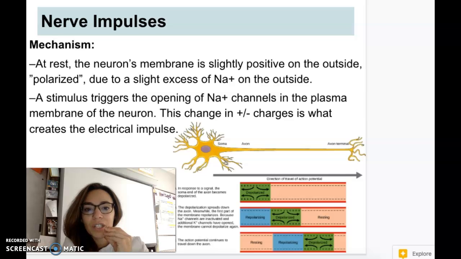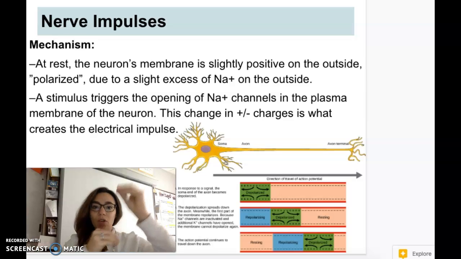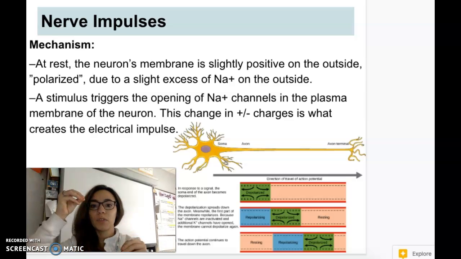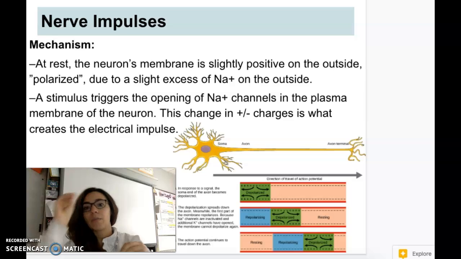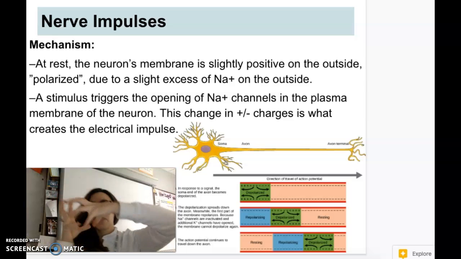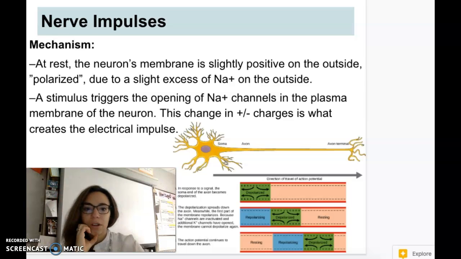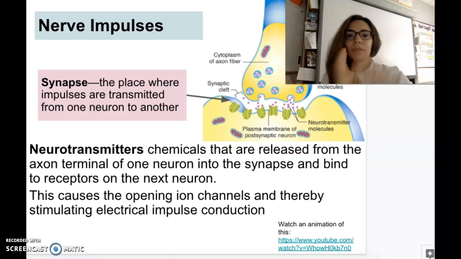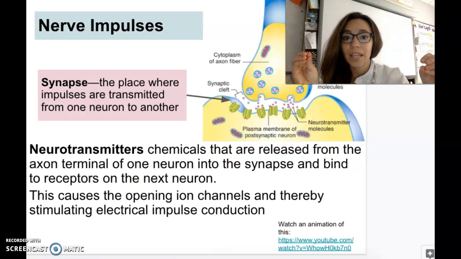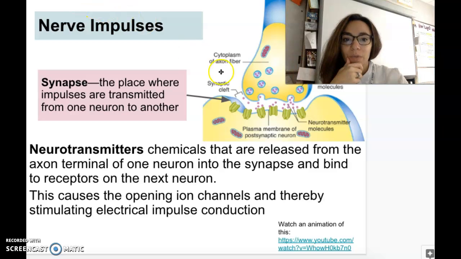This change in positive-negative charges is what creates the electrical impulse. So that quick change, the positives moving across to one side of the cell and then quickly back across, is what is creating this action potential, this spark of electricity that's going to travel down the neuron.